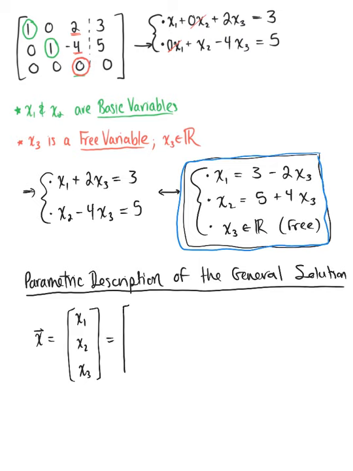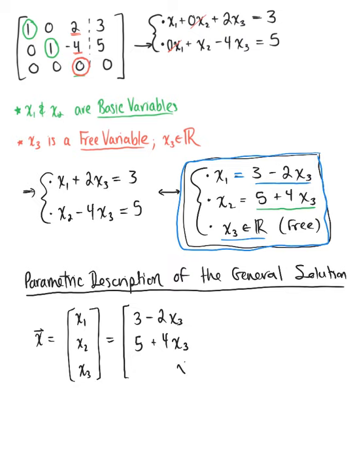So we know that x sub 1 is equal to 3 minus 2x sub 3. We know that x sub 2 is equal to 5 plus 4 times x sub 3. And x sub 3 is free.